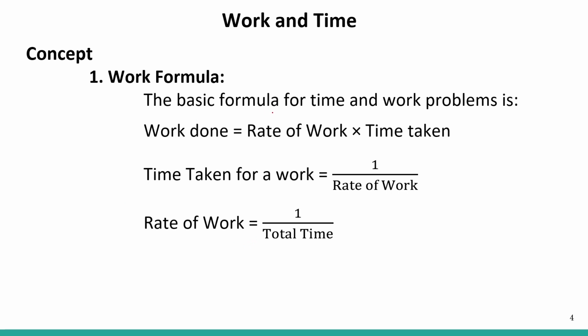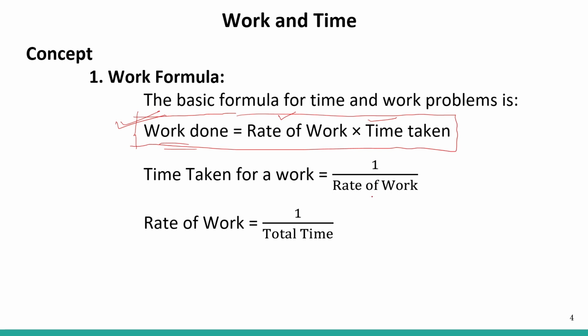The basic formula for the time and work problem is: work done is equal to rate of work into time taken. This is the formula that you need to remember and master, as it will be used very often in this chapter. The second formula: time taken for a work is equal to 1 by rate of work.